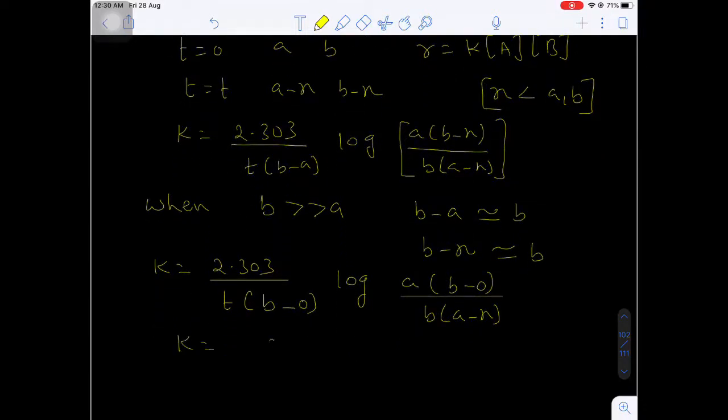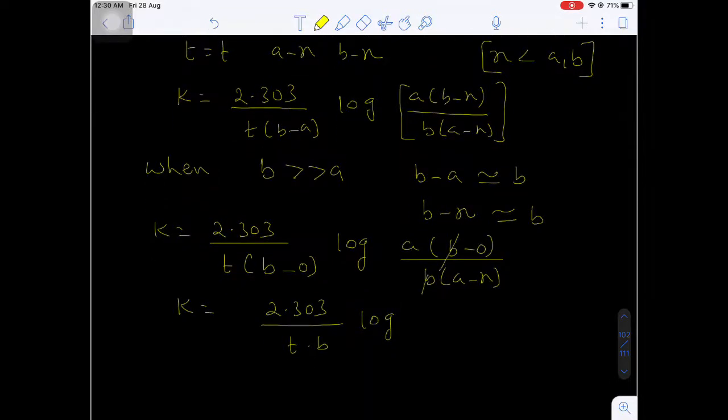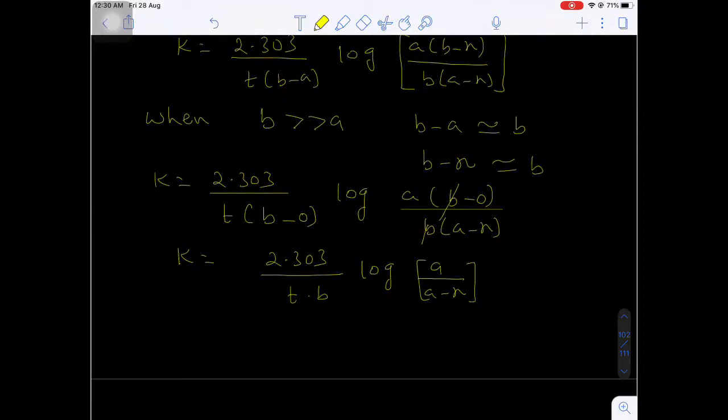After simplification of this, you will get K is equal to 2.303 by T into B. Here B gets cancelled, A by A minus X. Now bring the small b towards the left hand side.